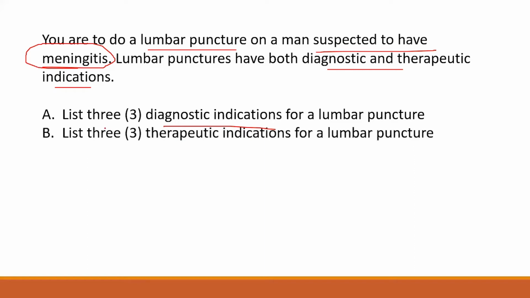Now, list 3 therapeutic indications. So what do we use it for? What kind of medication do we use it for? So basically, we use it in spinal anesthesia. Spinal anesthesia, that is injection of a local anesthetic or an opioid into the subarachnoid space.